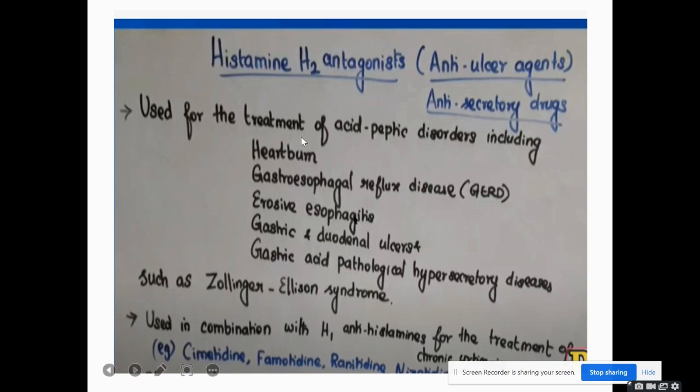They are used for the treatment of acid peptic disorders, heartburn, gastroesophageal reflux disease called GERD, erosive esophagitis, gastric and duodenal ulcers, and gastric acid pathological hypersecretory diseases such as Zollinger-Ellison syndrome. They are also used in combination with H1 antihistaminics for the treatment of chronic urticaria. The drugs which are used are cimetidine, famotidine, and ranitidine.